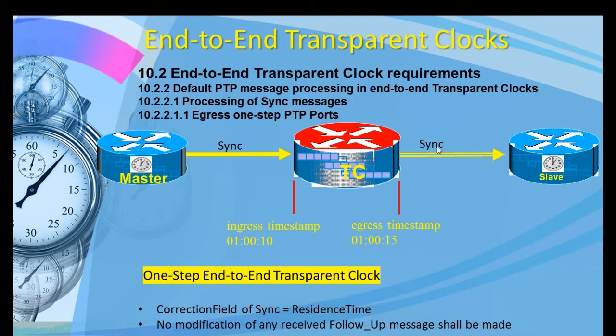The sync message carries the modified correction field sent to the slave side. So the time delay introduced by the transparent clock is called residence time, and will be carried in the sync message.